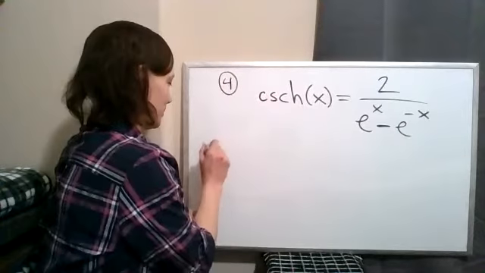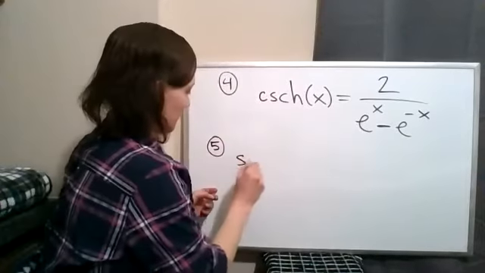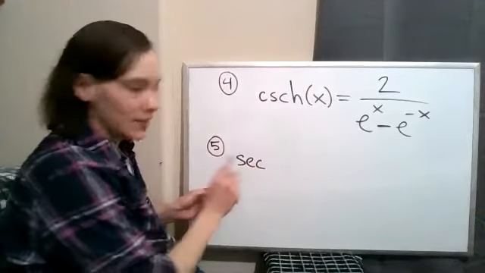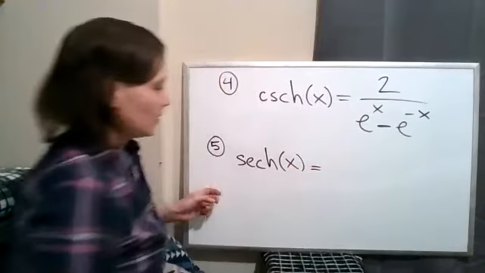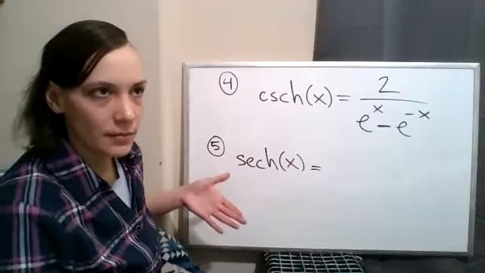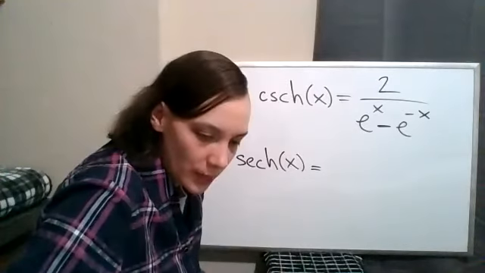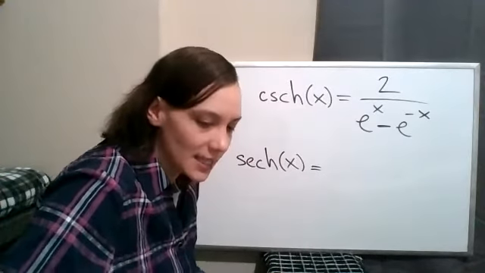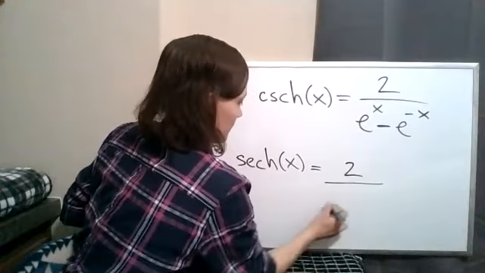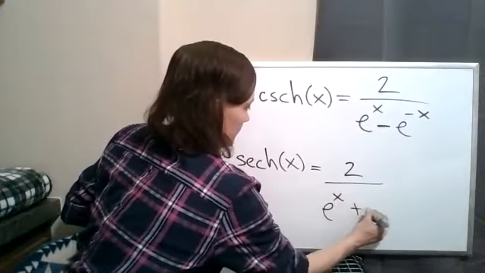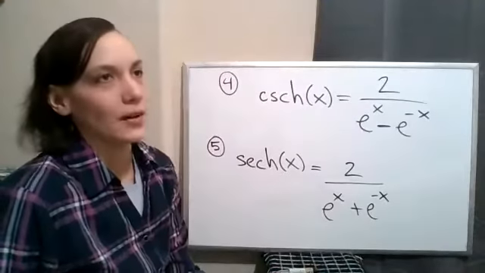Okay, number 5. Hyperbolic secant of x. So it would be 1 over cosh of x. So 1 over that would be 2 over e to the x, add e to the negative x. Okay, almost done.